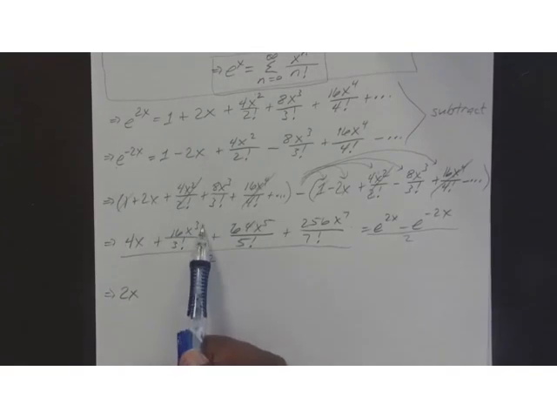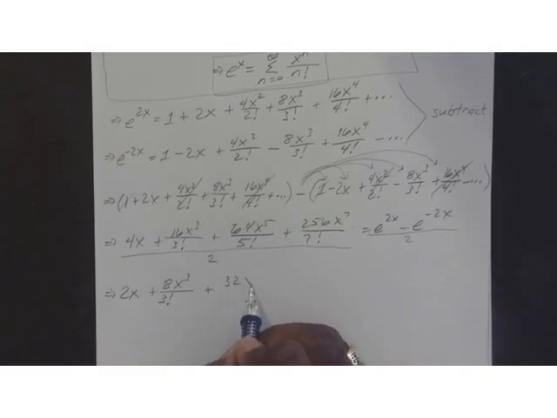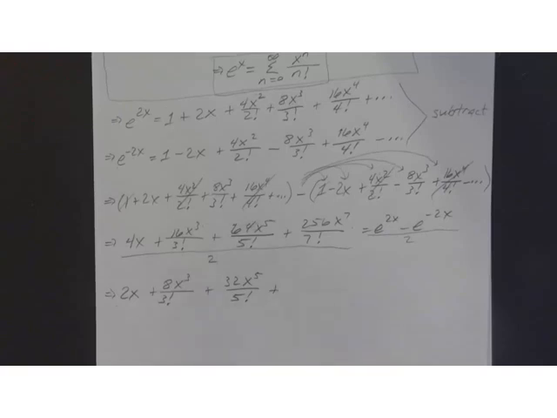And 16x to the third power divided by 3 factorial. If we divide that by 2, then 16 divided by 2 is 8. So that's plus 8x to the third power divided by 3 factorial. Plus 64 divided by 2 is 32. So that's 32x to the fifth power divided by 5 factorial. Plus 256 divided by 2 is 128. So we have 128x to the seventh power divided by 7 factorial.